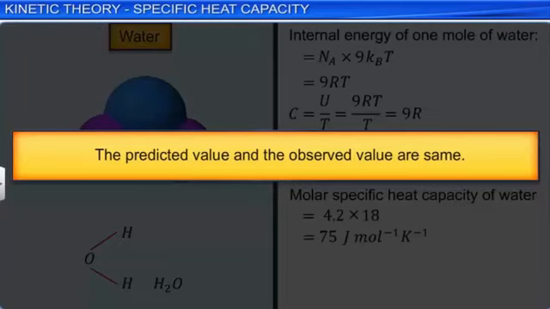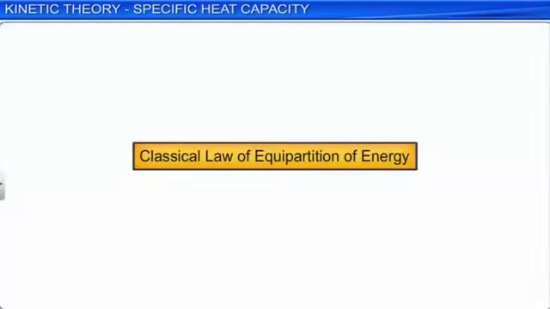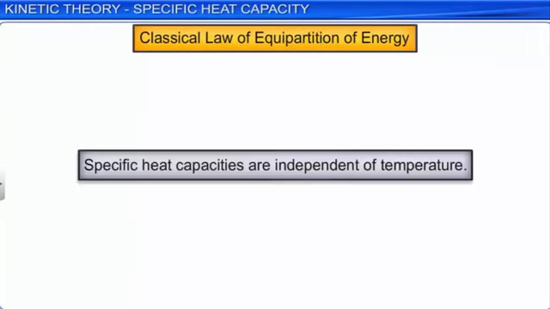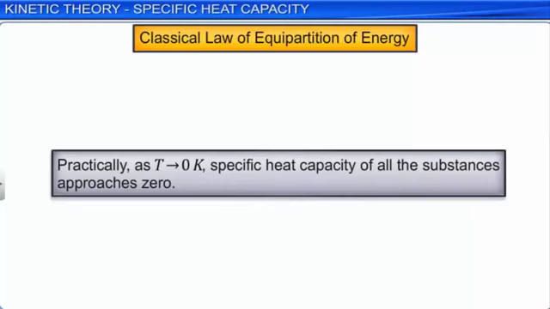All these predictions of specific heat capacities are based on the classical law of equipartition of energy, where the specific heat capacities are independent of temperature. But practically, this is not true.